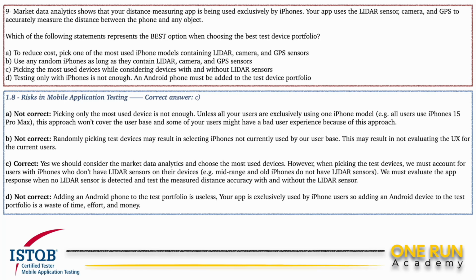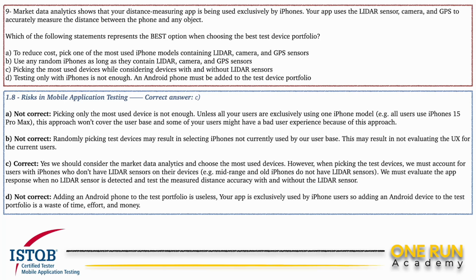By using market data analytics to choose the most common iPhone models and ensuring that both LiDAR-equipped and non-LiDAR devices are included, we can evaluate the app's response when no LiDAR sensor is detected and test the distance accuracy with and without the LiDAR sensor. This ensures a thorough assessment of the app's functionality across a representative range of devices. Hence, option C is a very good option to keep in mind.